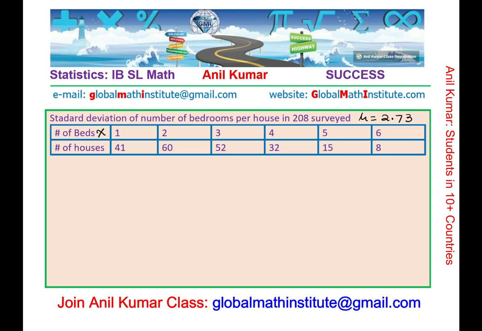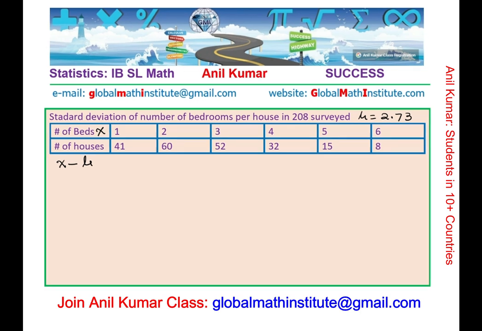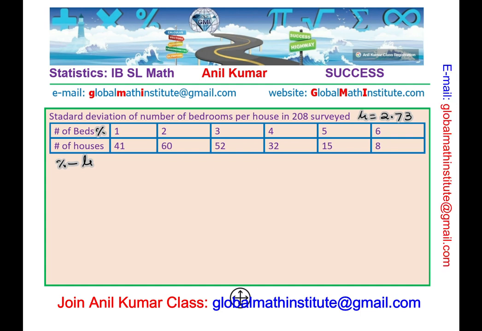So we make a column for x minus mu. So 1 minus 2.73 gives us negative 1.73. Now 2 minus 2.73 will give us negative 0.73.